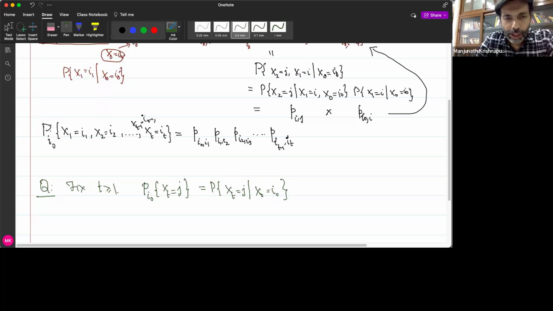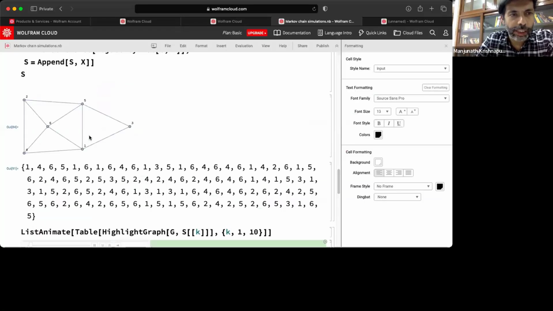For example, let's go again to that example. Suppose I start in this graph at 5 and I want to go to, let us say, 1 after 2 steps. What is the probability that after 2 steps I am at 1? Now there are multiple ways that could happen.